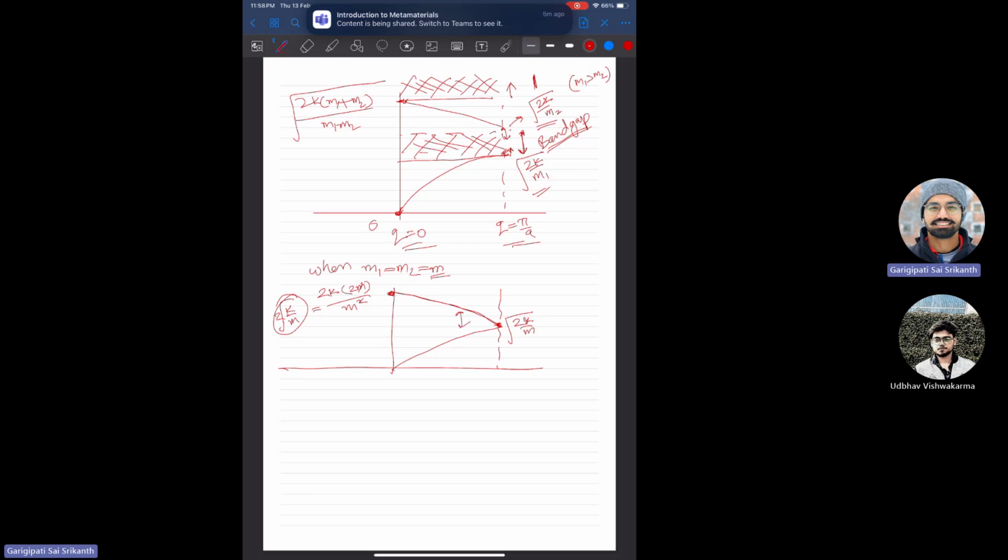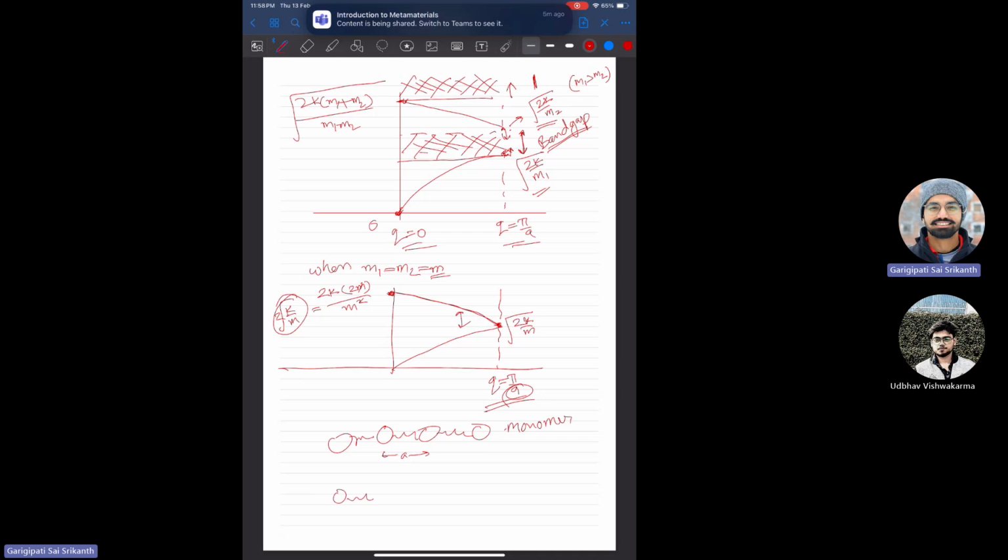But there's only one anomaly here, that there are two bands. Why is this happening? Like Q is equal to pi by A, right? So what is this anomaly? This anomaly exists because the definition of A has changed. Earlier, when there was a monomer, we were calling this distance A. So this is monomer.